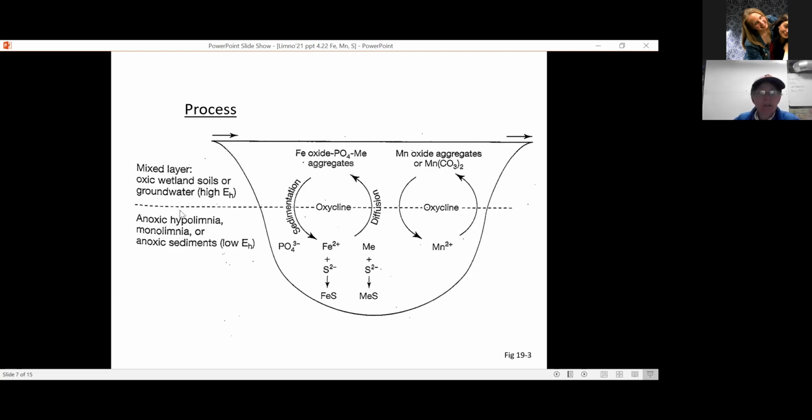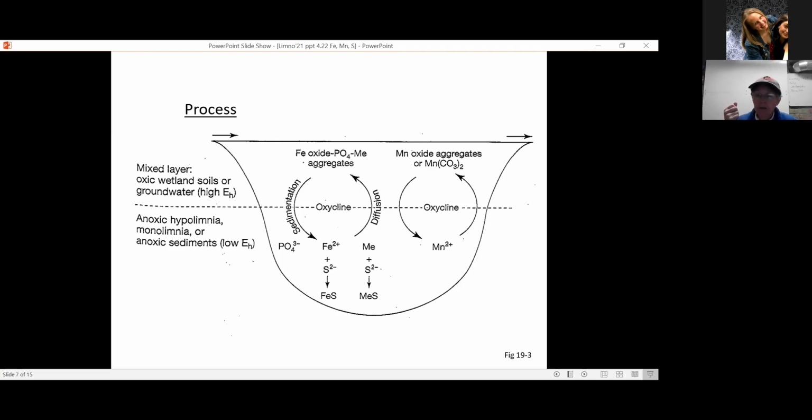Now in this lake, in the upper part of the diagram, we have water with oxygen in it. It's an oxic environment, high redox potential. And in the bottom part of the diagram, we have an anoxic environment.